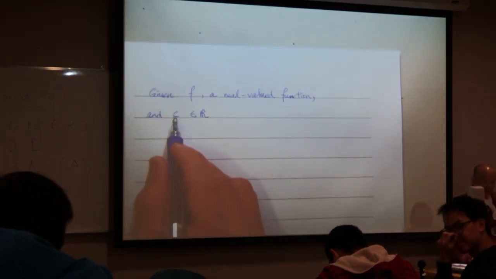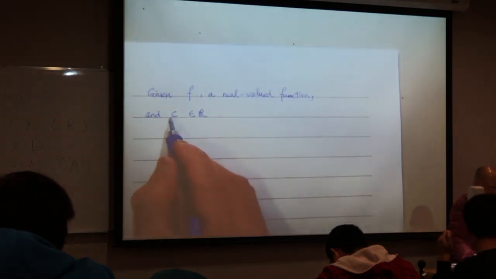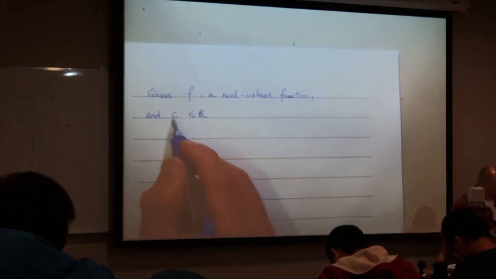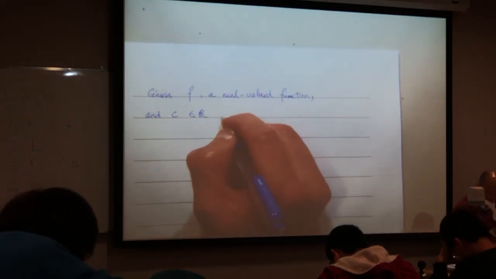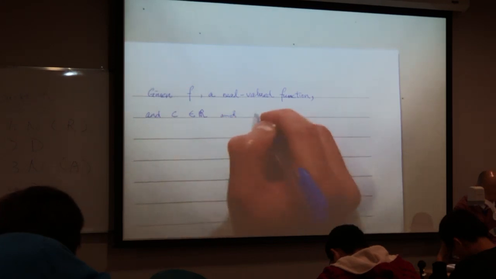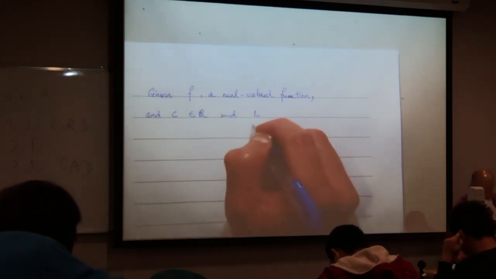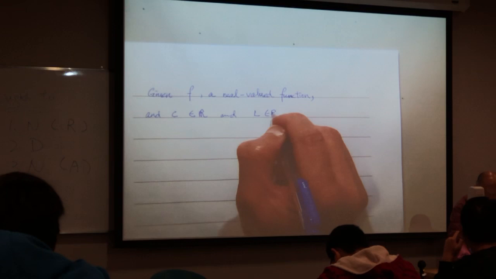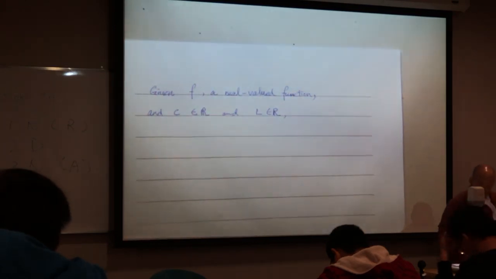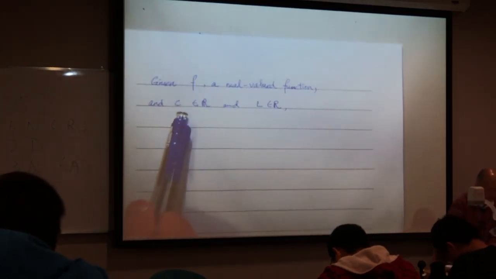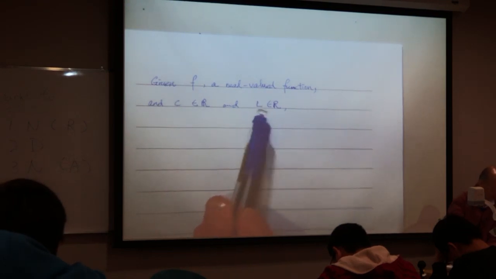It means that it is a real number. And another number, L, also a real number. Given all these three: a real valued function, a real number, another real number.